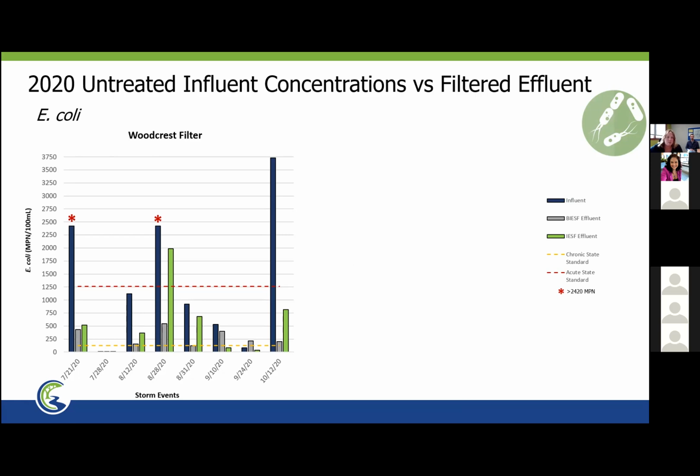And you can see in most of these events, which are in chronological order, that the E. coli level is a bit lower in the cell that has biochar, showing that biochar is outperforming just the iron enhanced sand side. This is true in most of the samples, but there are a couple where the filter without biochar actually had lower concentrations. But interestingly, these are in the 2 smallest events. So it seems like the biochar is working better when there are higher concentrations, on average.